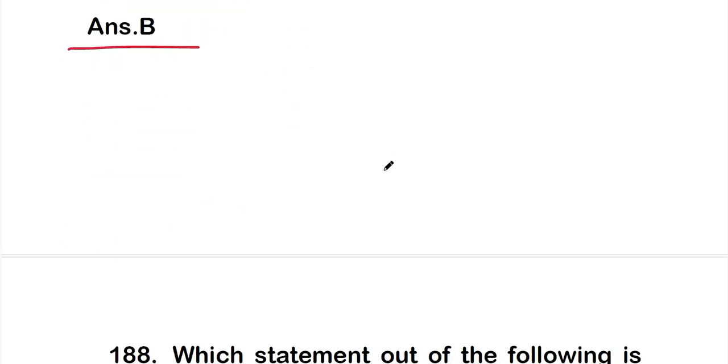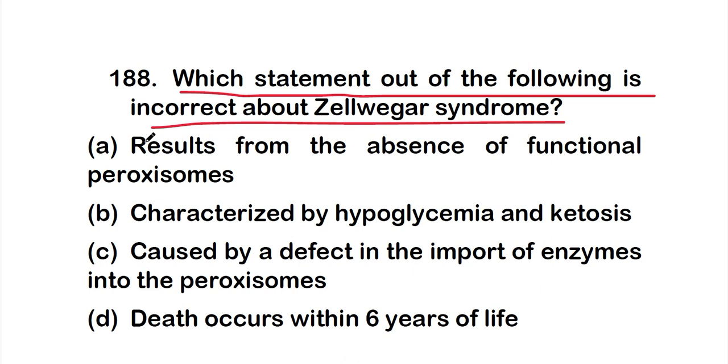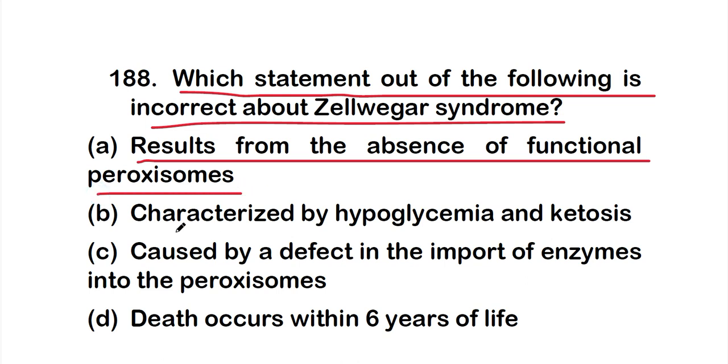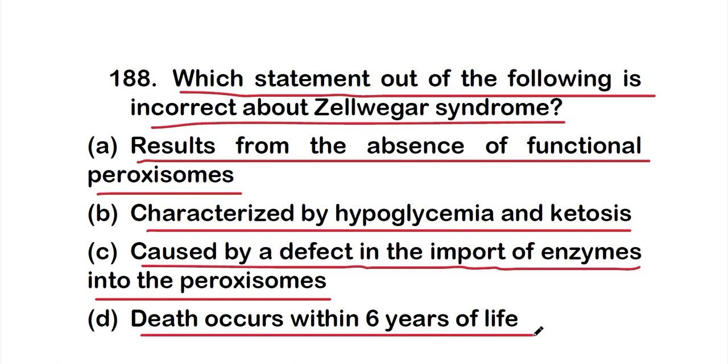So next is 188. So which statement out of the following is incorrect about Zellweger syndrome? And the options are option A results from the absence of functional peroxisomes, or option B characterized by hypoglycemia and ketosis, or option C caused by a defect in the import of enzymes into the peroxisomes, or option D death occurs within 6 years of life.